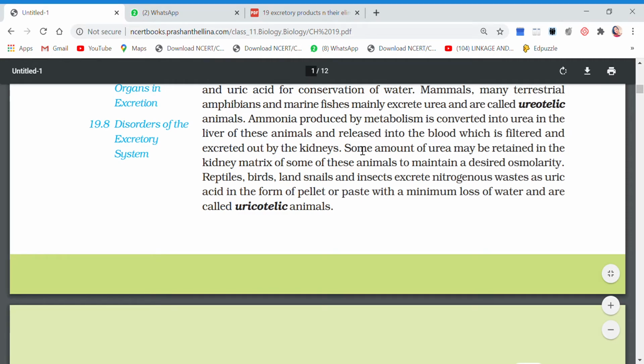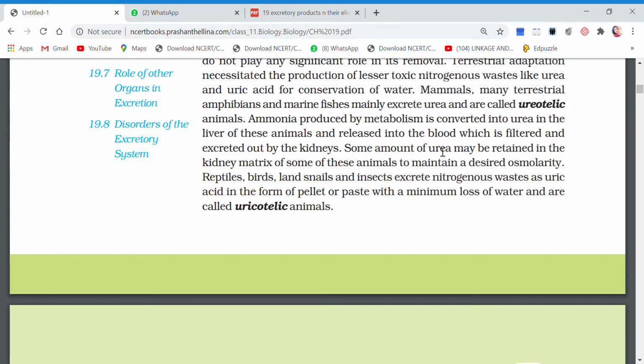So children, some amount of urea may be retained in the kidney matrix of some of these animals to maintain desired osmolarity. Very important line. Please try to understand this very carefully. Always remember, if you have gone through any blood test and have any reports, you will see that the blood report mentions urea also.